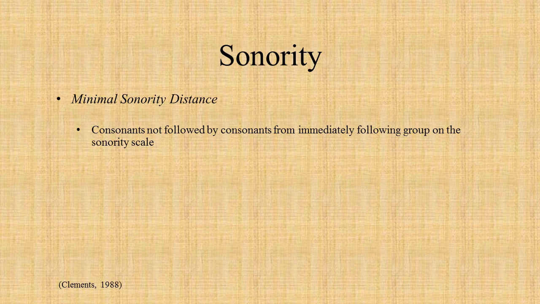Furthermore, consonants in the onsets are combined in a way that they tend to be separated by a minimal sonority distance according to Clemens, i.e., they are not followed by consonants from the immediately following group on the sonority scale, but rather from the one after that. The segments that are more sonorous appear closer to the nucleus, which is also called the syllable peak.